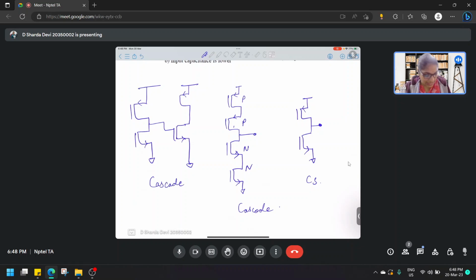So this is a cascade amplifier. Here we have two CS stages connected back to back. This is where we'll give the input and from here we'll take the output.